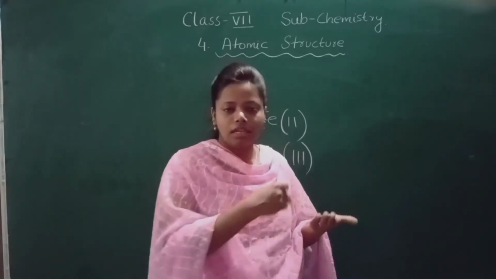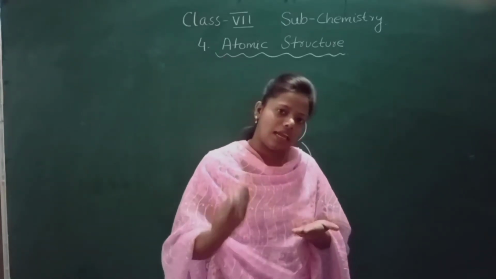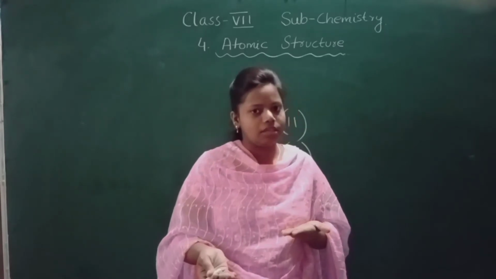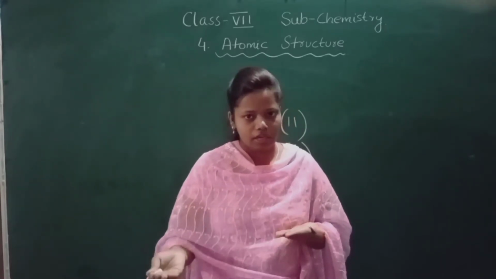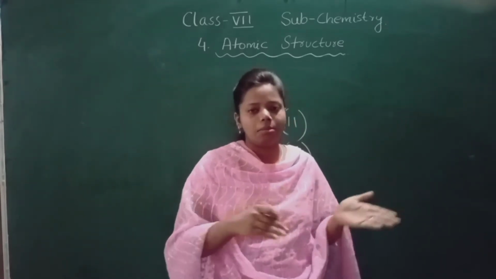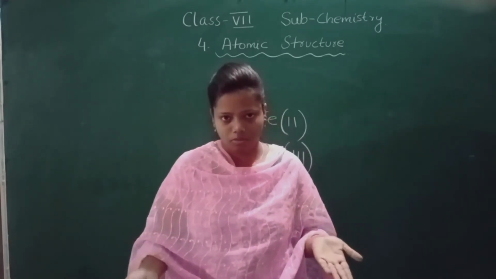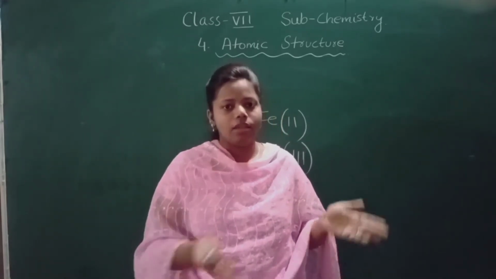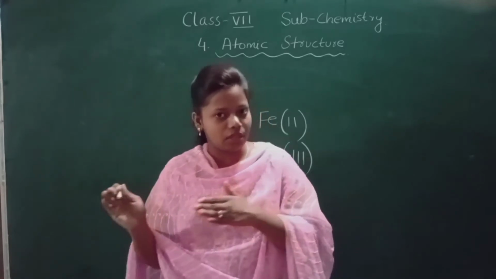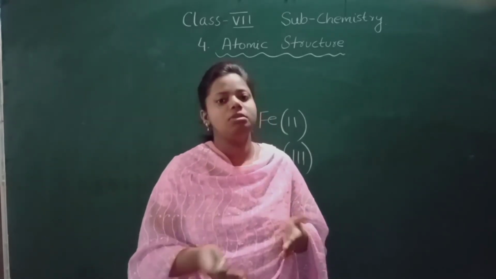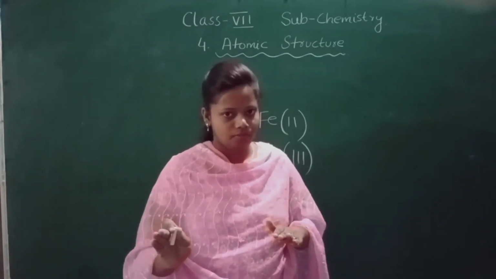Now you might be thinking that about the atom you already know that it is the tiniest particle, and for a long time it was said that it is indivisible. The word atom has been derived from the Greek word atomos, which means indivisible.